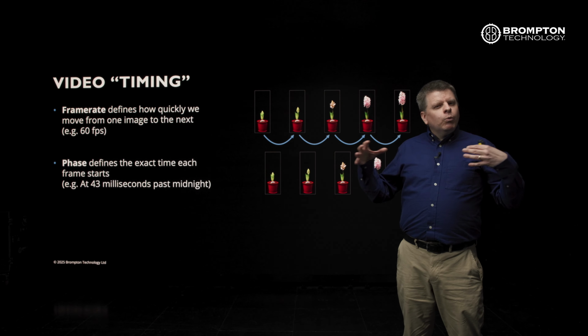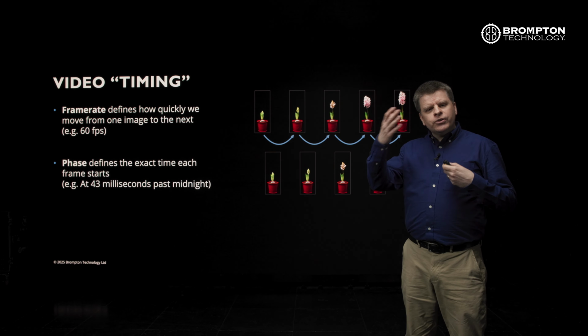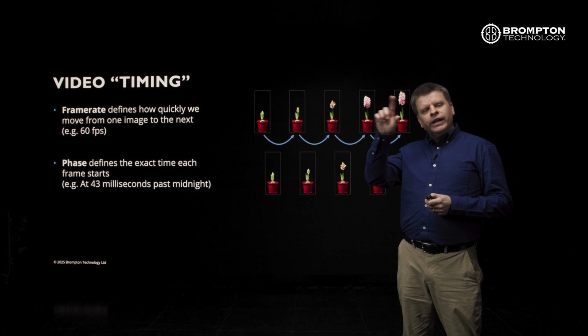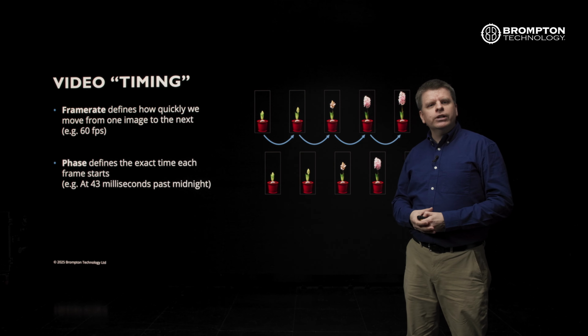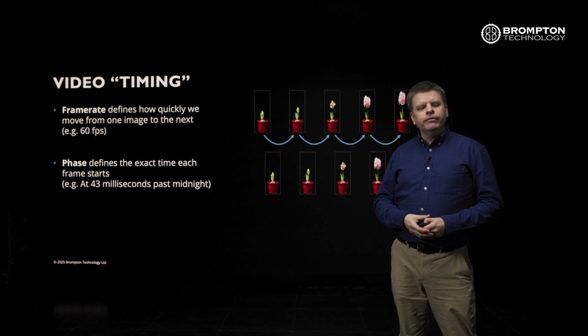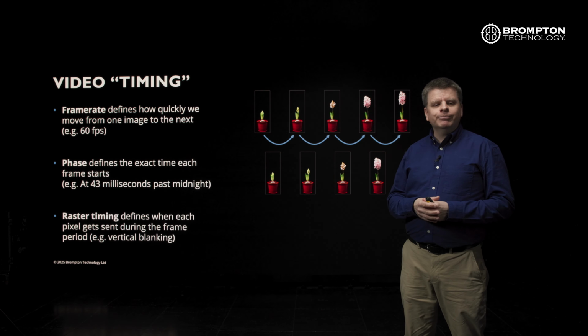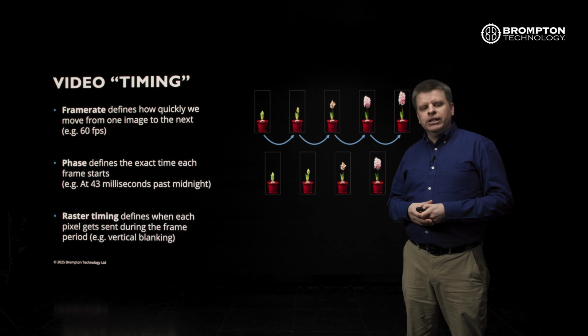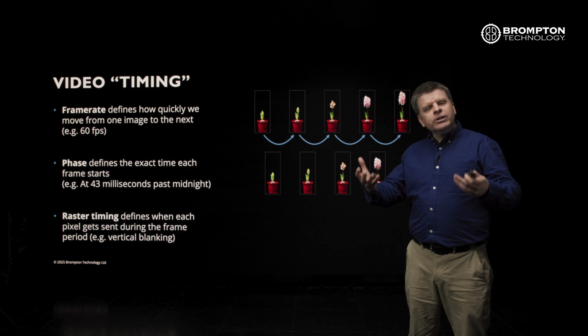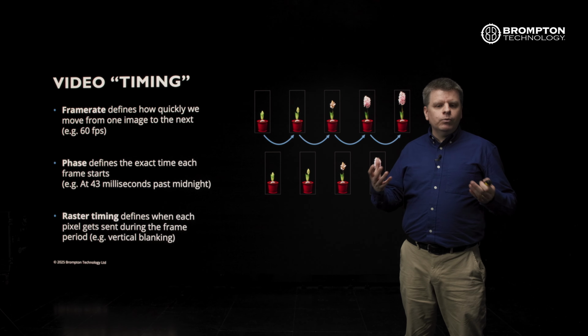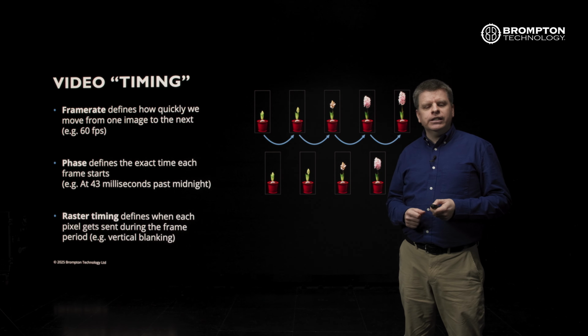Okay, what about within a frame? There are lots of pixels within a frame. We know that they are in a particular order, raster scan order. When are they expected to arrive? Well, we need to have a concept of raster timing. And the raster timing is all about saying, okay, when am I transmitting pixels, and when am I waiting between this frame and the next frame?